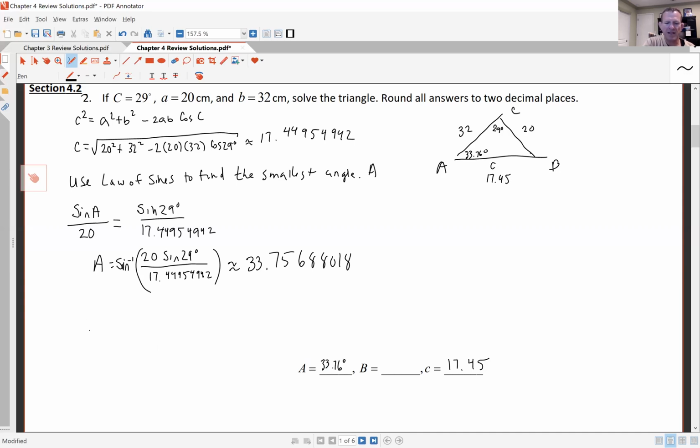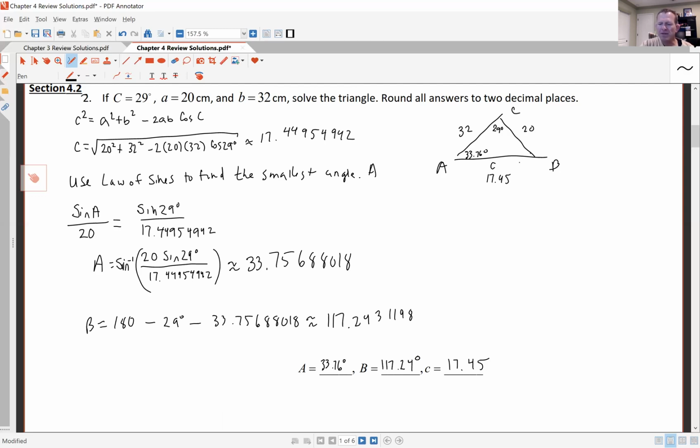Now, B is easy to find because all the angles add up to 180. 180 minus 29 minus 33.75688018 gives us 117.243119, and then we round that to 117.24 degrees.